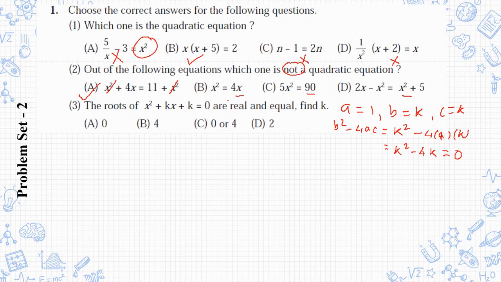Now from here, if you take k common out, you have k into k minus 4 equal to 0. So from here you can say either k is equal to 0 or k minus 4 equal to 0. So you have k as 0 or k as 4. So 0 and 4 is option C.